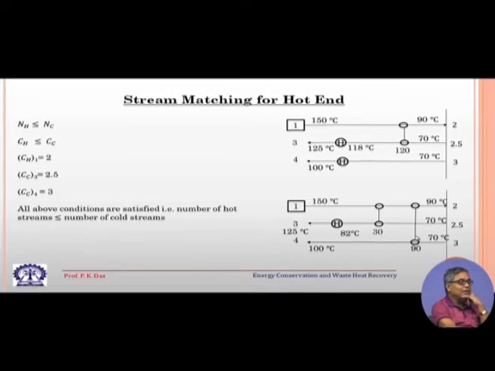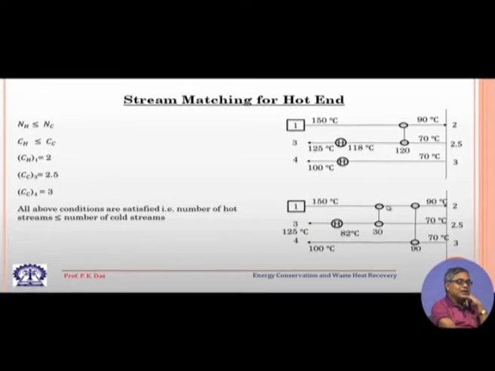The other thing is that this is not the only solution. We can think of another solution, where at the pinch end, just adjacent to the pinch point, we can think of one heat exchanger between 1 and 4, and the amount of heat exchange is 90 units.